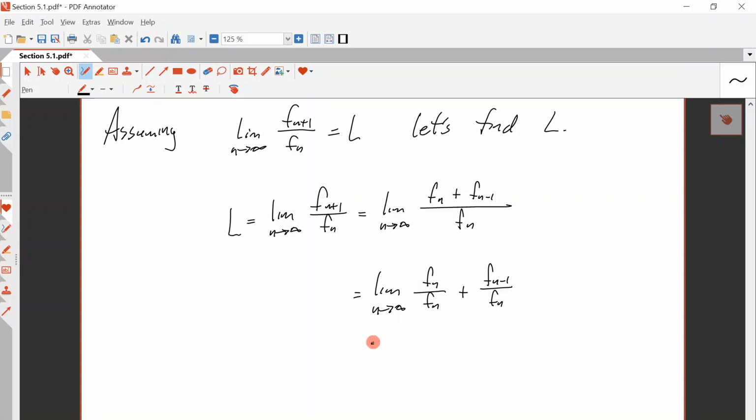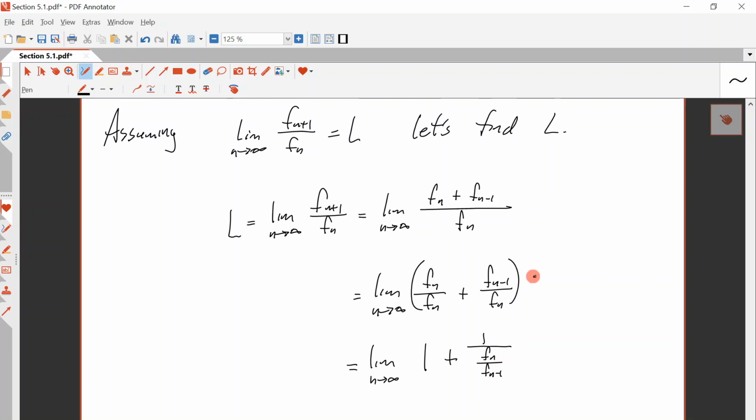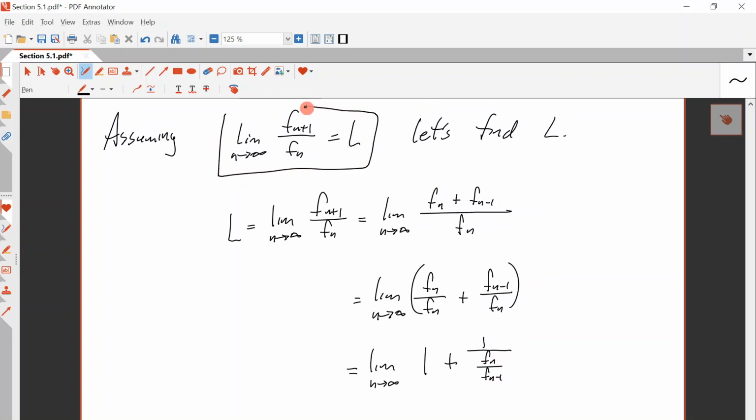All right, this is a 1. So 1 plus, and then this is 1 over, okay, now I'm going to take the reciprocal of that, Fn over Fn minus 1. So that's the ratio of successive Fibonacci numbers. We assumed that the ratio of successive Fibonacci numbers goes to L, right?